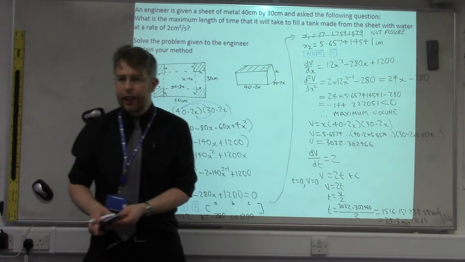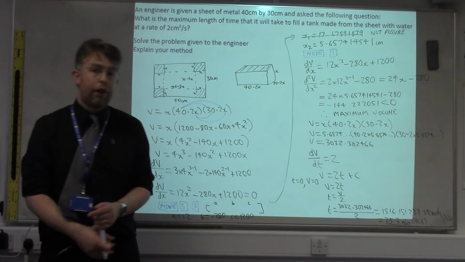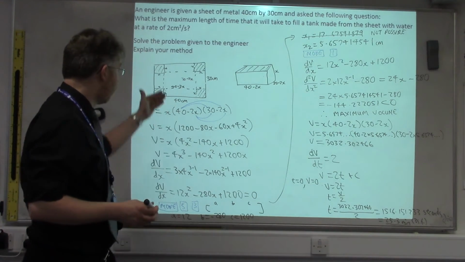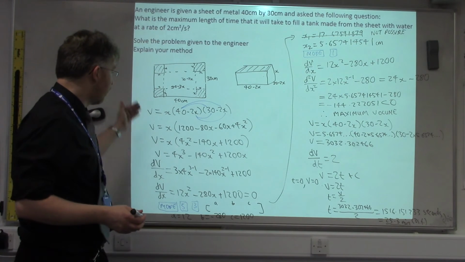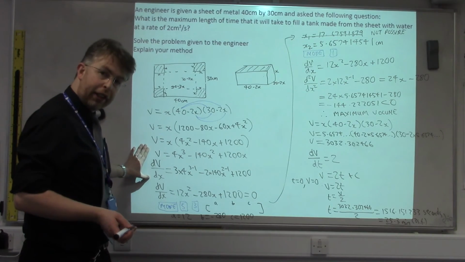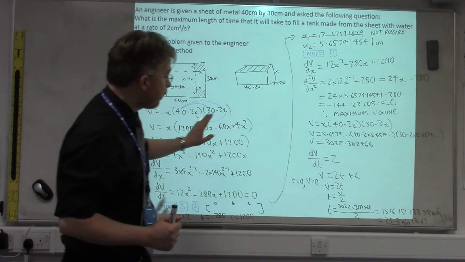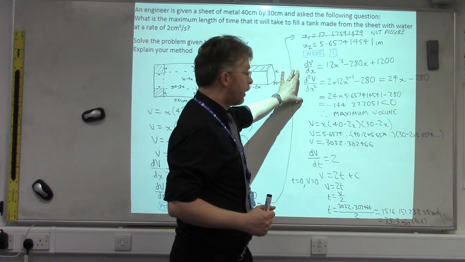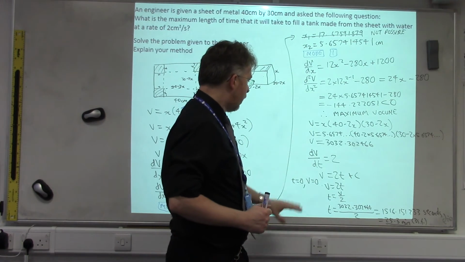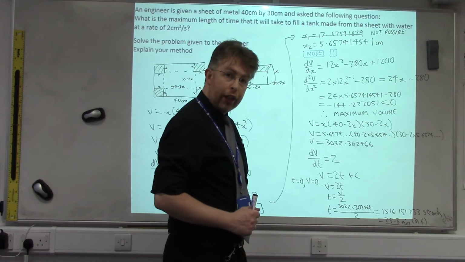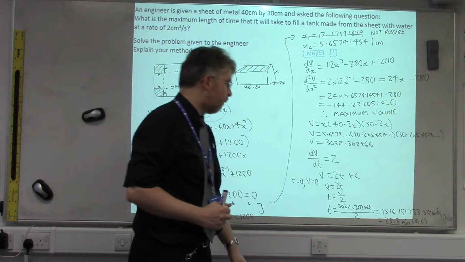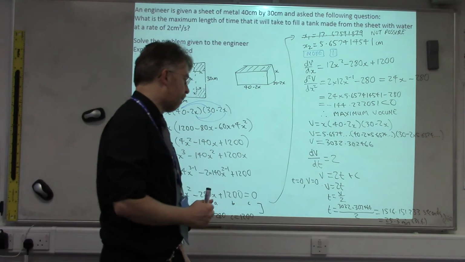So bear in mind, as I illustrated from the start, just solving it is pass-worthy, as long as you've got a decent proposal where you outline the different processes: you found a formula for the volume, used calculus to find the maximum volume, used the second derivative test to check it was a maximum, used integration to find a formula for volume in terms of time, and then used our maximum volume to find the corresponding time.